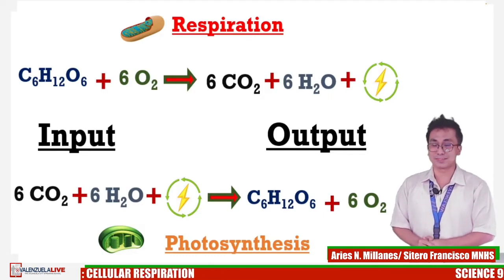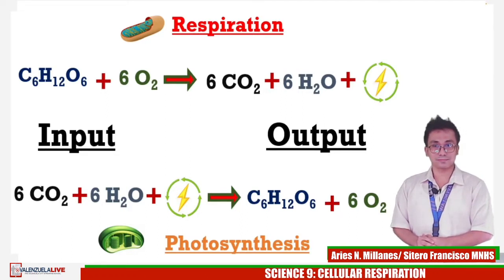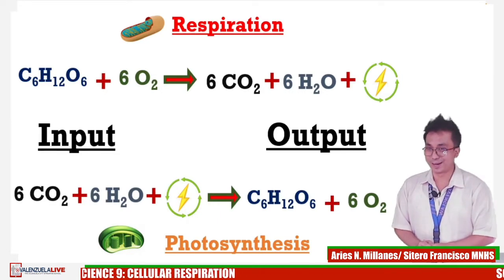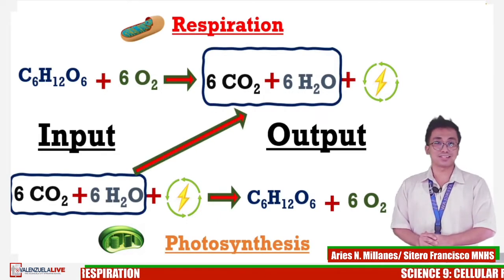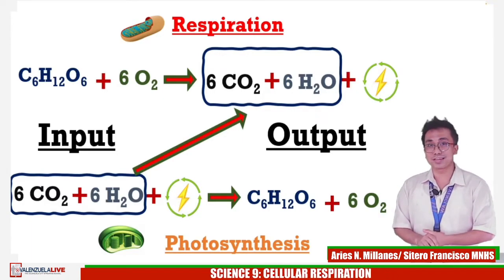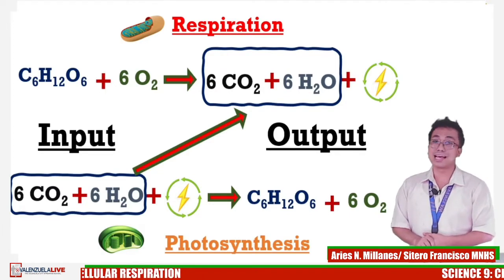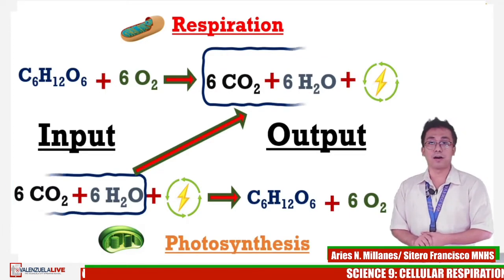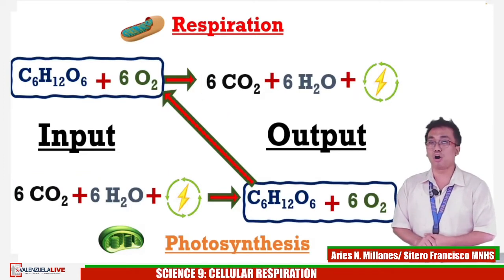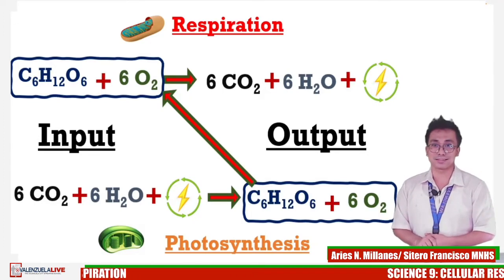Have you noticed something? Answer it in the comment box. Very good. If you haven't noticed yet, here it is. The input of photosynthesis is our output for cellular respiration, as well as our input in cellular respiration is originally the output of photosynthesis.